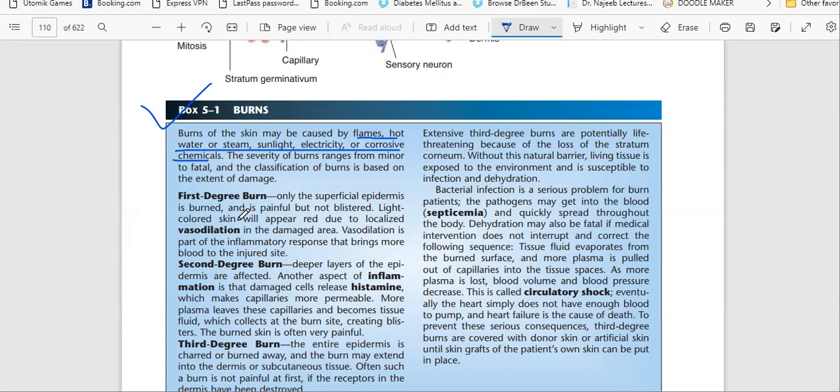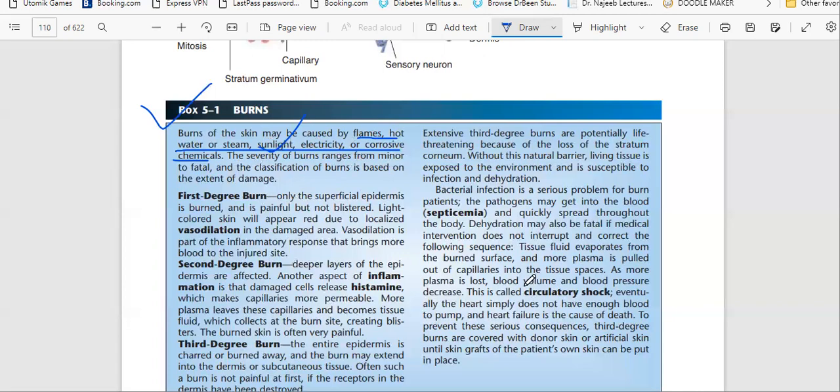Steam: suddenly you are cooking in the kitchen and you don't know the dish is very hot, you open the cover, and the steam comes into your face. Your face burns. And sunlight, and electricity, these are the most common. And corrosive chemicals, some chemicals like acids, will burn the face, hands, legs, etcetera.